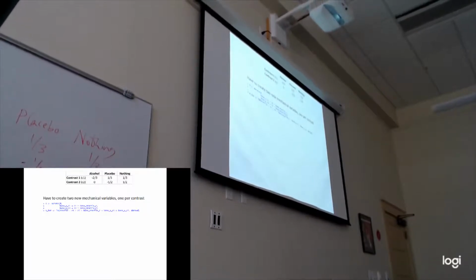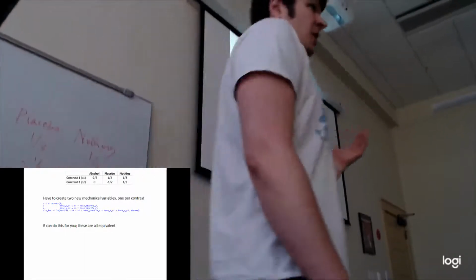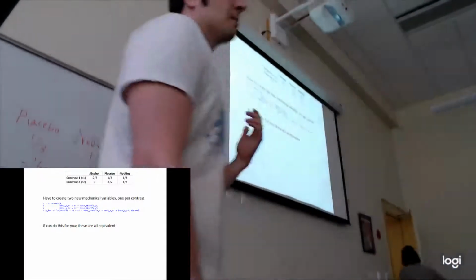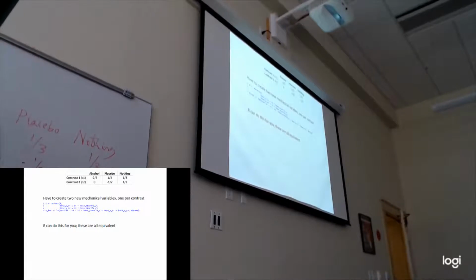R gives you a couple ways of doing this, including some shortcuts that are often handy. So I'll show you some other ways of doing this. That's more for reference. And there's one syntax that I usually use because it's quick.